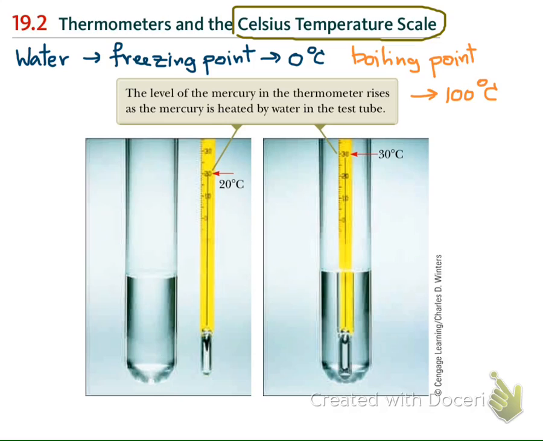We also use other substances for our thermometer, like alcohol, the colored alcohol that we always see, like a red liquid or a blue liquid, but it faces the same problem as the mercury also.